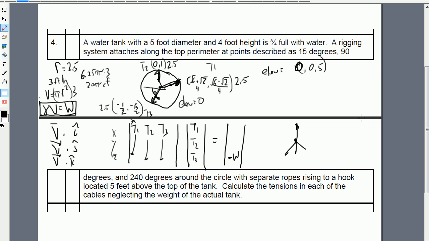So realizing that both the 2D problem, which is tension 1, tension 2, and then some other value there, is a matrix problem, and this 3D is a matrix problem as well, becomes incredibly important. You just then need to realize that you need to break up any direction or any wire into its magnitude and its direction.